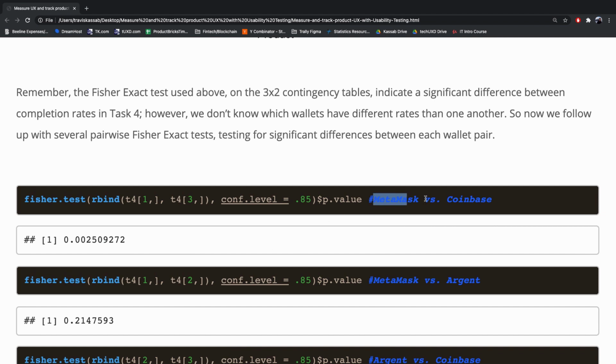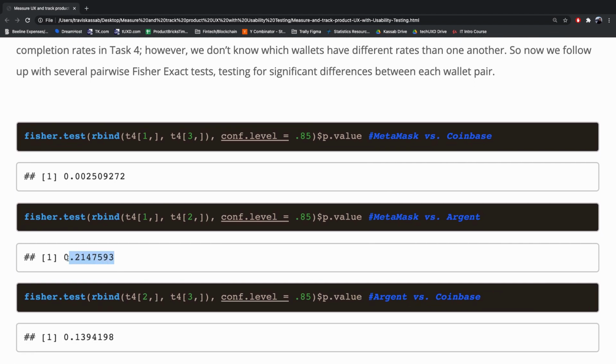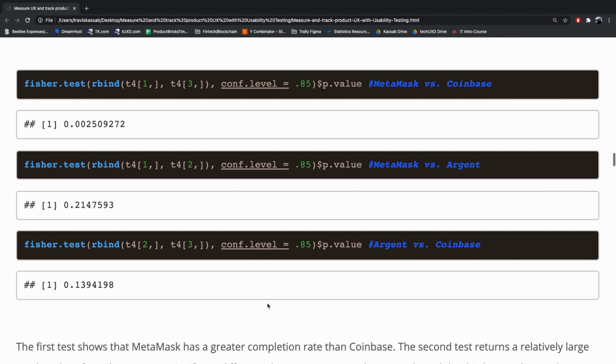So for sure, MetaMask and Coinbase are different from one another on task 4. Slightly higher p-value, 0.2. So around the 80% confidence level, there is significance. But again, since our threshold right now is at 95, well, actually technically we're at 85, then we would say that there really isn't a statistically significant difference here, just due to the lack of statistical evidence.